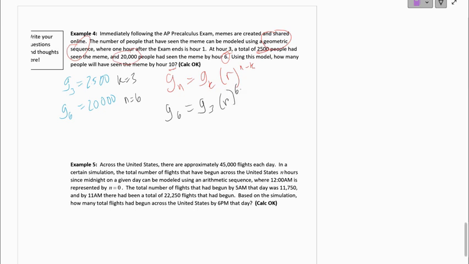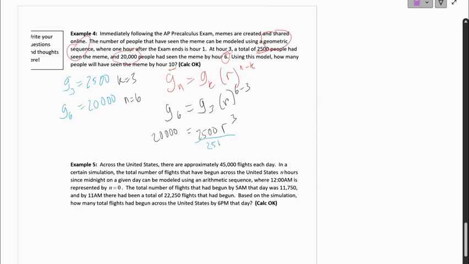Now the power simplifies: I get r to the third. G sub 3 was 2,500 and G sub 6 was 20,000.